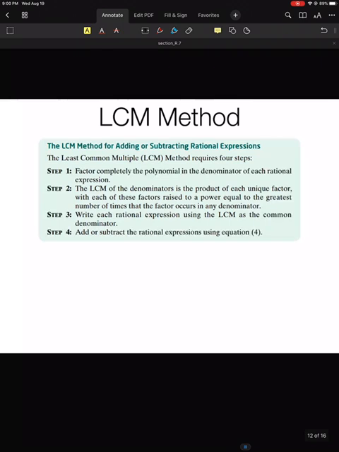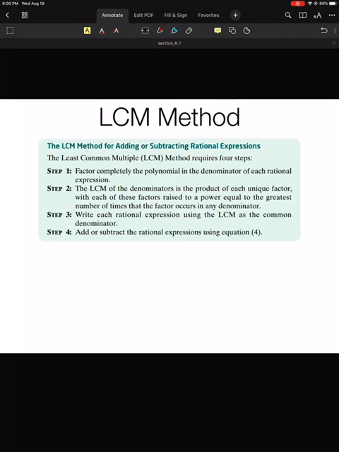So what is the least common multiple method? I took this box here straight from the book. The book says, step 1, factor the polynomial completely in the denominator. Step 2, find the least common multiple of the denominators. The least common multiple is the product of each unique factor, with each of these factors raised to a power equal to the greatest number of times that the factor occurs in any denominator.